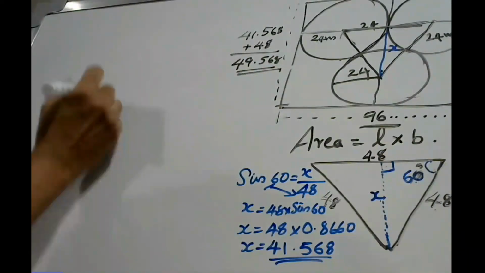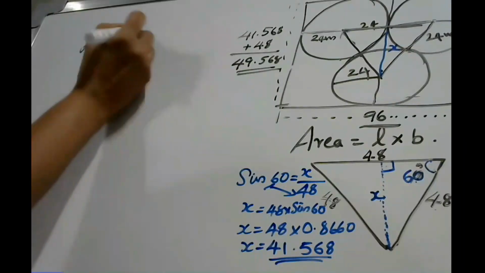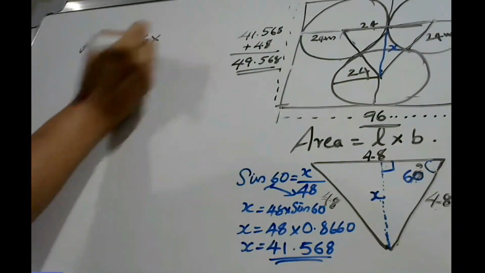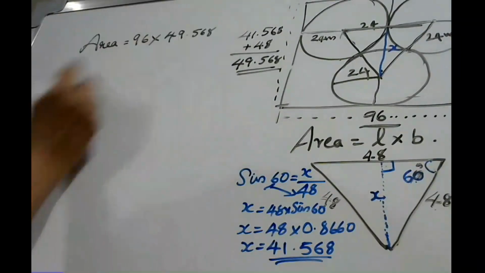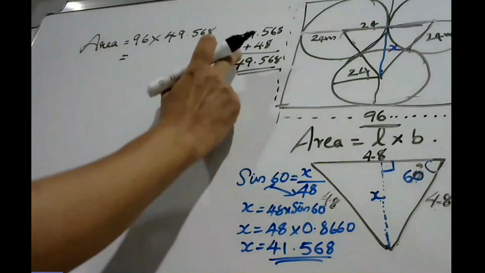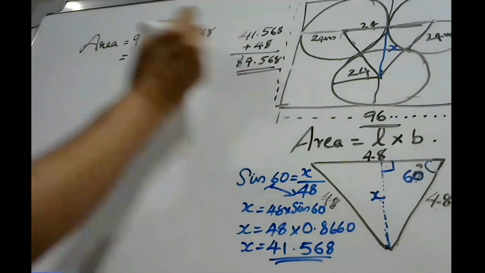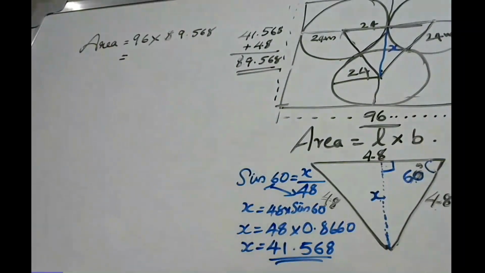Therefore, area is equal to, now it's easy to find the area. Area of the rectangle is equal to length times breadth, meaning 96 times 89.568. Sorry, earlier I said 49.568, but it is 48 plus 41.568, which is 89.568.